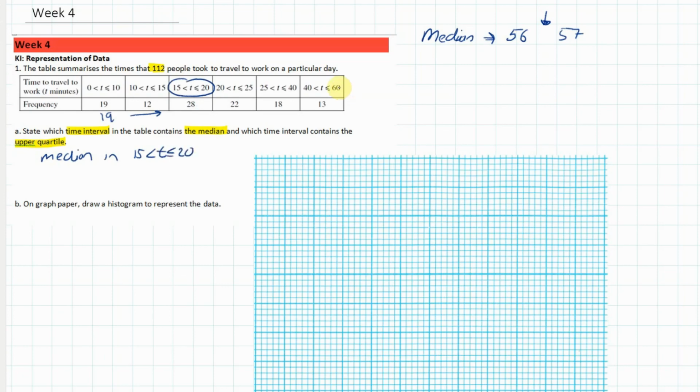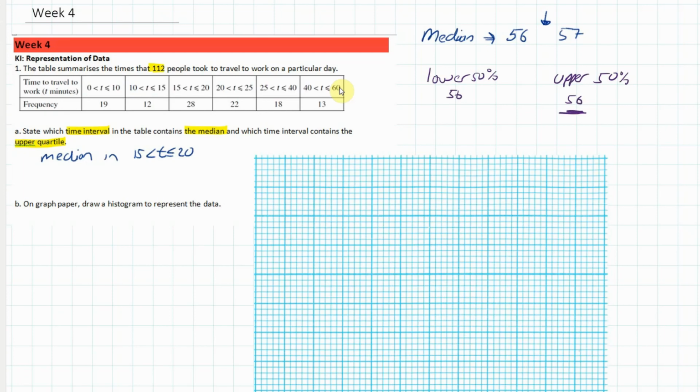Now, because your data splits neatly into two parts, you've got the lower 50%, 56 items there, and the upper 50%, 56 items there, and you're wanting the upper quartile.